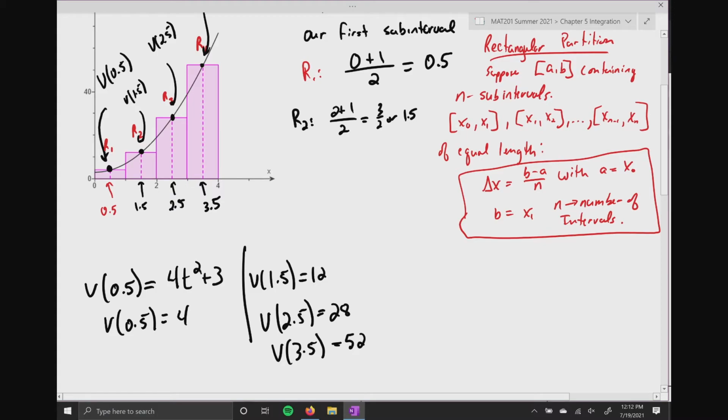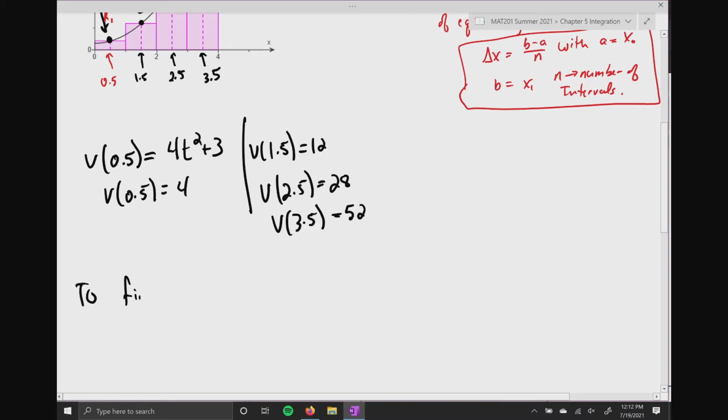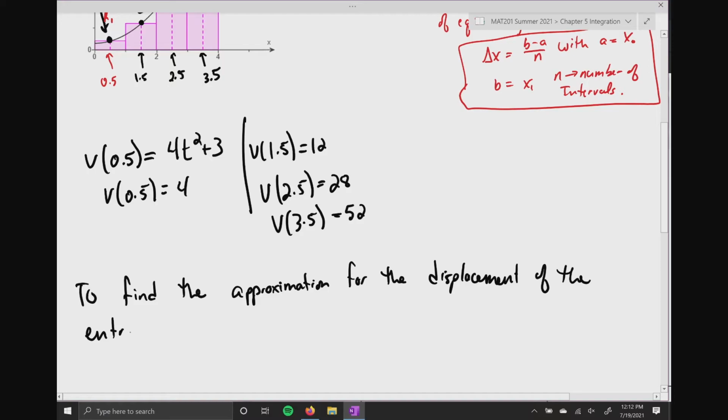Now, if we want to find the approximation for the displacement over the entire interval, what we're going to have to do is find the area of each one of these rectangles, okay?